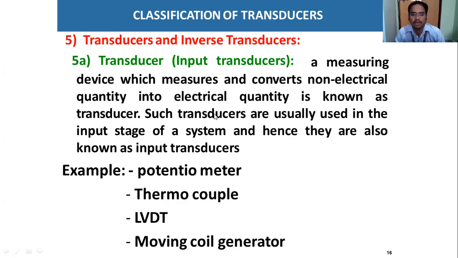For example, a tachometer, which measures speed: the input is RPM, rotation, but the output is an electrical signal. So non-electrical signal to electrical signal is an example of an input transducer. Other examples: potentiometer, thermocouple, LVDT, moving coil generator.